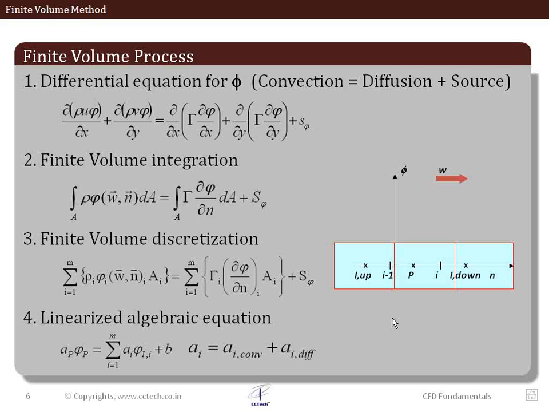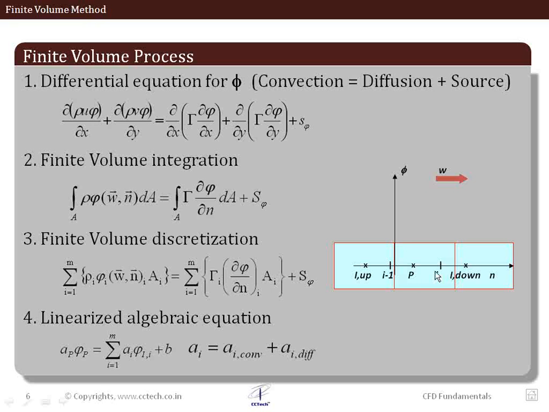Let's say it's x momentum, y momentum, or any other transport equation. So that unknown is getting solved on this cell, and what we obtain is that unknown value being expressed in terms of the neighborhood terms, in terms of values preceding and succeeding this cell. So basically the neighborhood cells. So what you have is one unknown being expressed in terms of other unknowns around it.